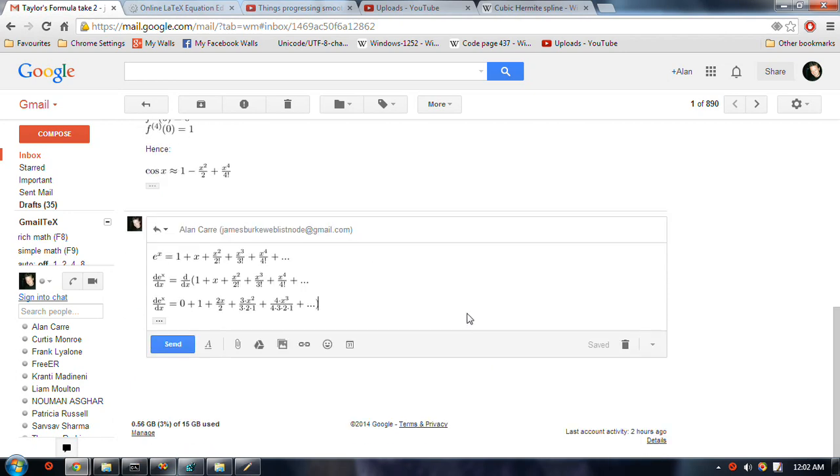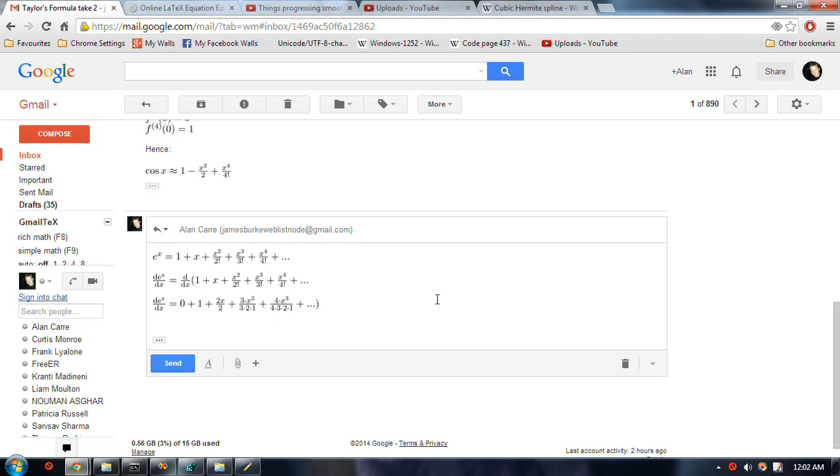But you can see that's 1 equals 1 plus x plus, now the 3 cancels with the first 3 in the 3 factorial, so we end up with x squared over 2 factorial.